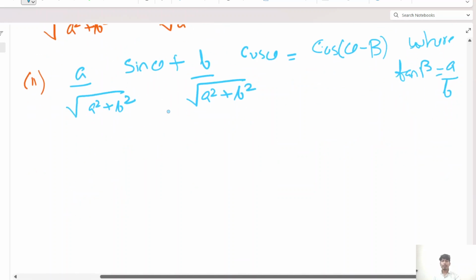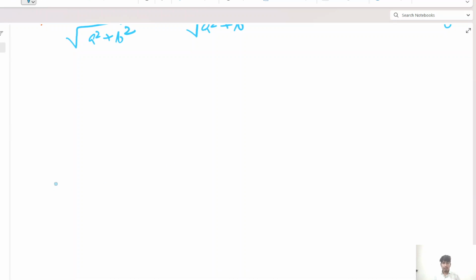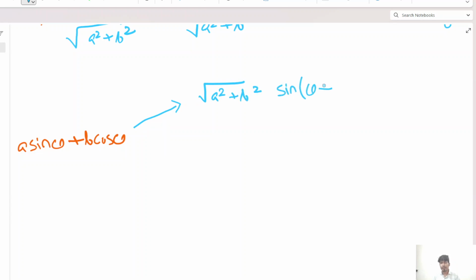And one more general formula: a sin theta plus b cos theta is represented in two ways. First is under root a square plus b square multiplied by sine of theta plus alpha, where tan alpha is b upon a.